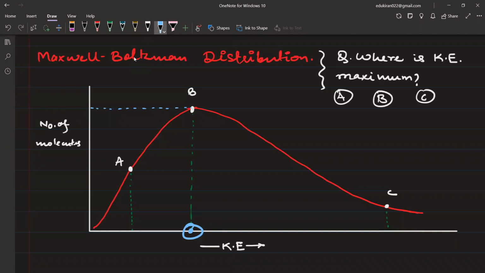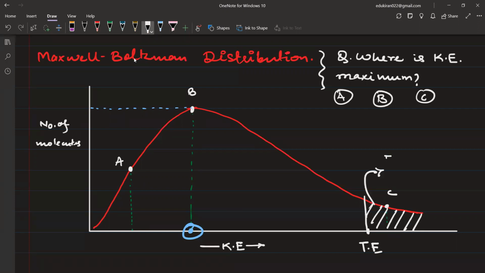Okay. Fair. Now generally what people say is that this energy is the threshold energy for a reaction, and it is a very low number of molecules. Okay, so only this many molecules are going to give you the fraction of molecules with kinetic energy higher than threshold energy.